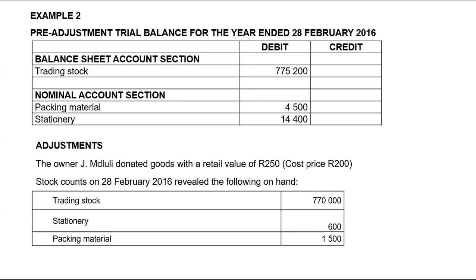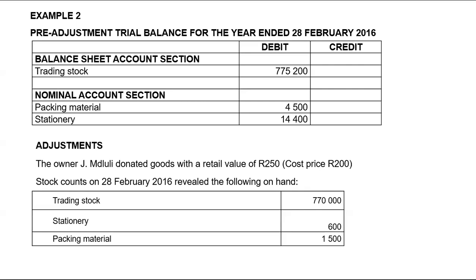But that expense will be the cost price of what is being donated. When we record donations of trading stock, we will not record it at selling price. Instead, we will record it at cost price.